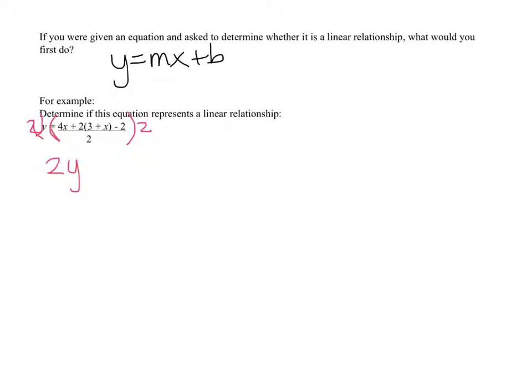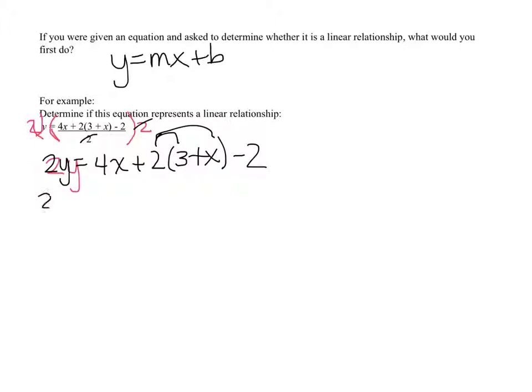Well, never mind. I'm going to erase that real quick. I wanted to do it in a different color. Okay, so that would be 2y equals, now these are going to cancel out, so I have 4x plus 2 times 3 plus x minus 2. So now I have the distributive property here that I need to perform. So I have 2y is equal to 4x plus 6 plus 2x minus 2.